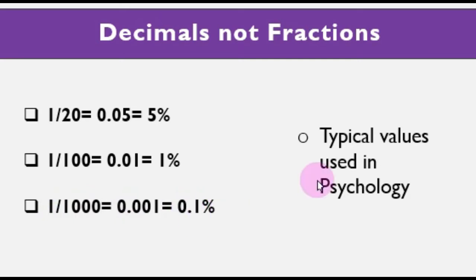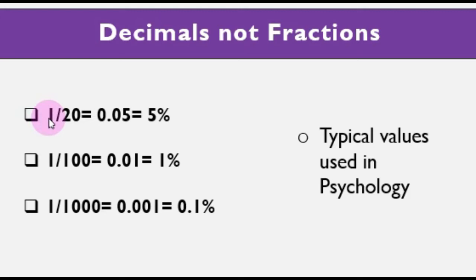Typical values used in psychology, since that is the 5%. Okay? Dapat ay 1/20 or 0.05 ang ginagamit natin, which is 5%, para malaman natin if we're going to accept or reject the hypothesis.